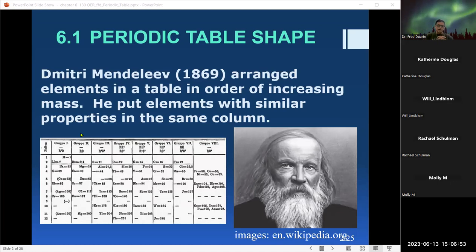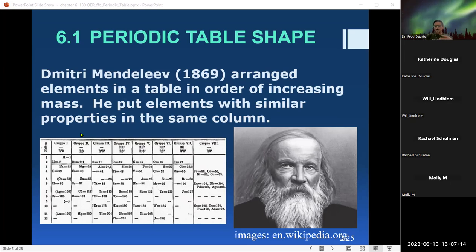He was a German scientist, Mendel, back in the 1860s. What he did was arrange a table based on the known elements of the time, and he put them in increasing mass. And then he also put elements with similar properties in the same column.